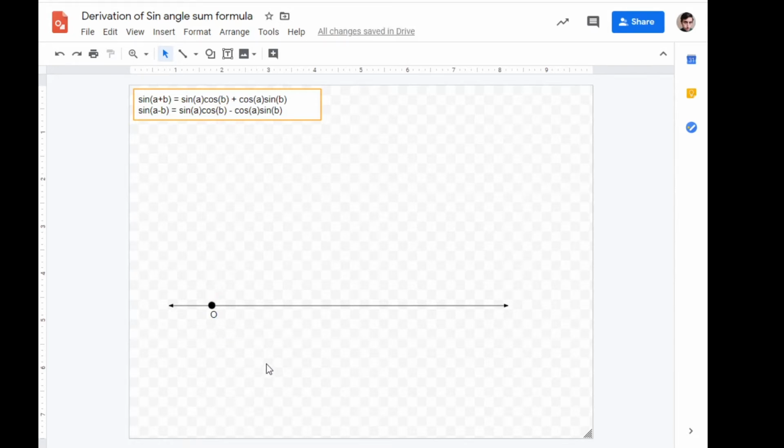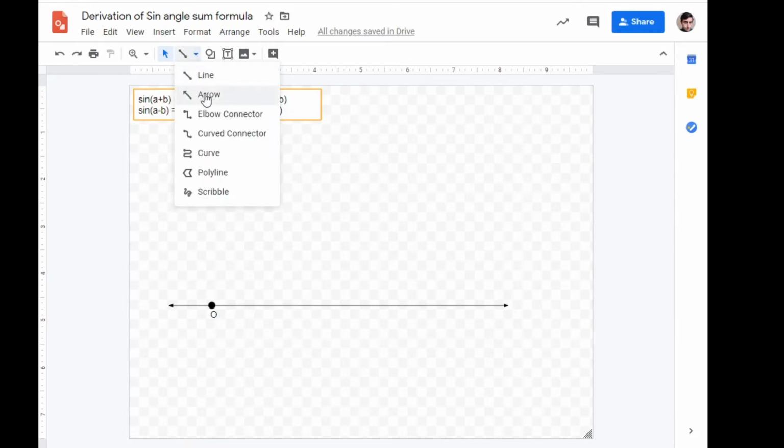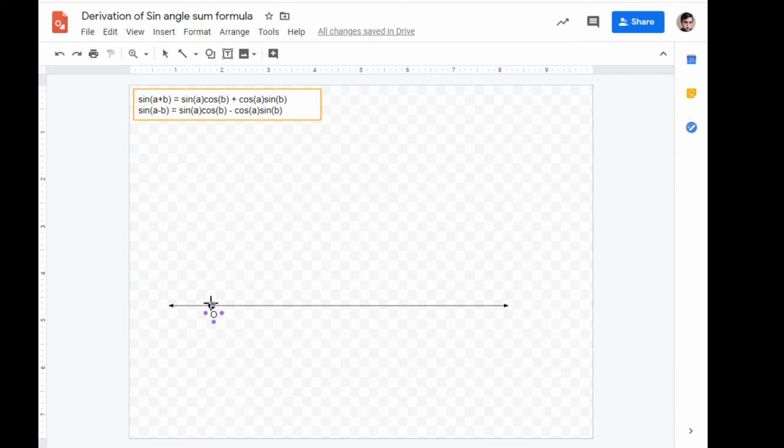Okay, so there exists this line with this point O. Now let's make an angle, which we're going to use to take the sine of. So let's make an arrow, and let's thicken it up a bit. So this arrow is just going to be any angle, really. We have this angle here.